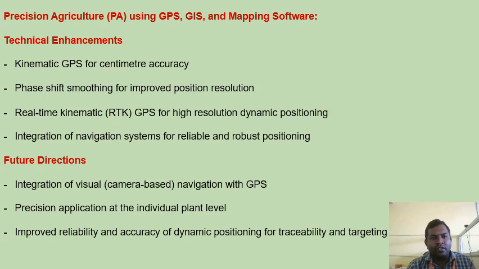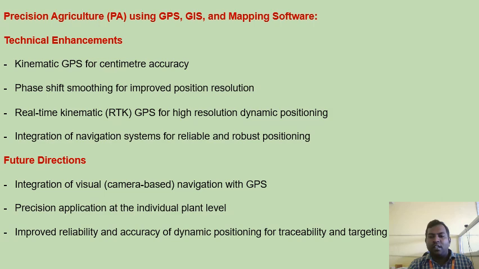The technical enhancements in GPS and GIS are kinematic GPS, which provides more accuracy than the simple GPS we use in our mobile phones and gadgets, and phase shift smoothing for improved position resolution. Then real-time kinematic GPS for high resolution dynamic positioning, and integrated navigation systems for reliable and robust positioning.